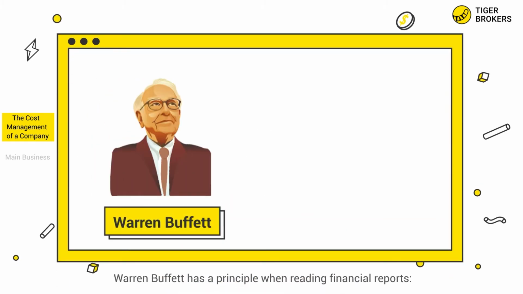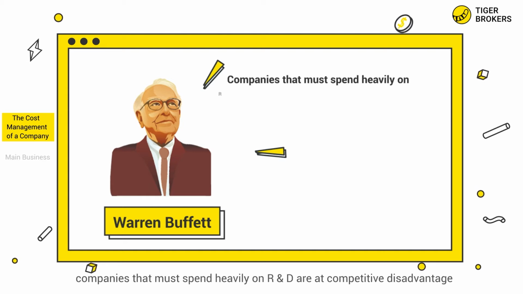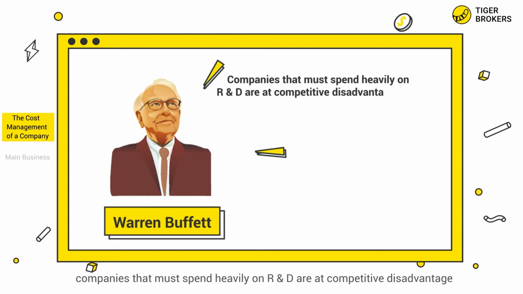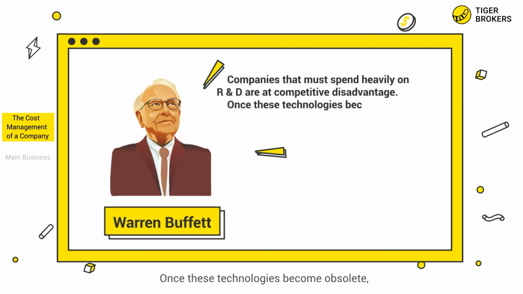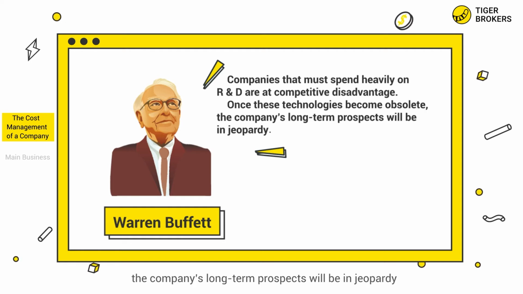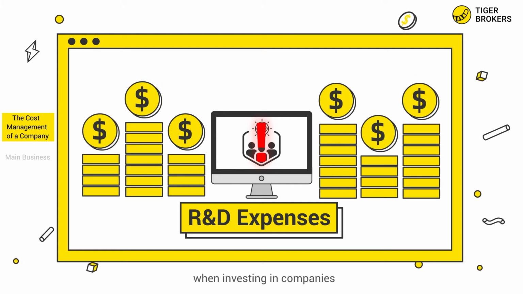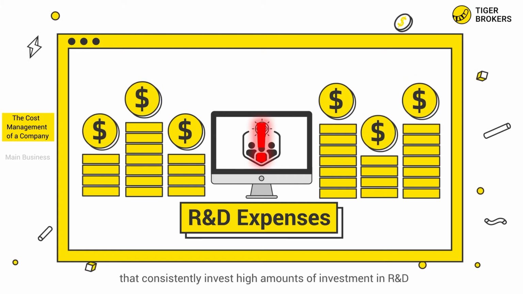Warren Buffett has a principle when reading financial reports: companies that must spend heavily on R&D are at a competitive disadvantage. Once these technologies become obsolete, the company's long-term prospect will be in jeopardy. Therefore, investors should be particularly cautious when investing in companies that consistently invest high amounts in R&D.